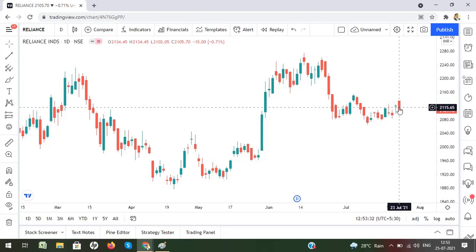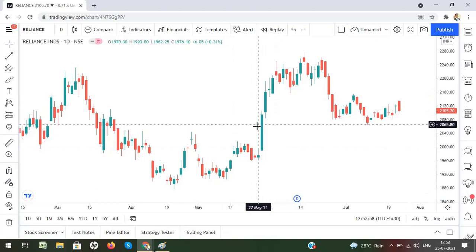So the open and the high price are the same. Whenever the open and the high price are the same, you will not see an upper wick or an upper shadow. Similarly, if the opening price and the low price are the same, then you will not see a lower shadow.